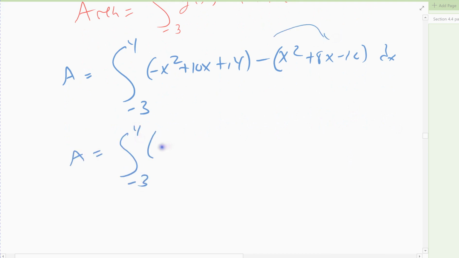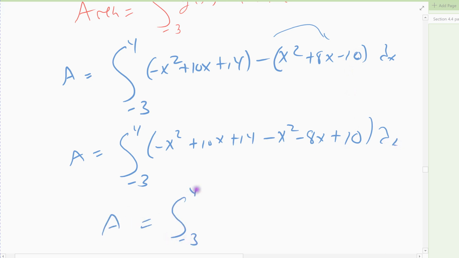Negative x squared plus 10x plus 14 minus x squared minus 8x plus 10. All right, collect like terms. So my area is solving the integral from -3 to 4 of -2x squared plus 2x plus 24 dx.